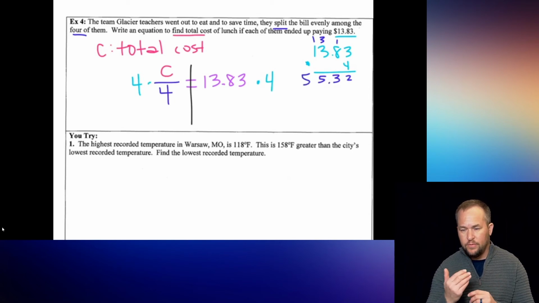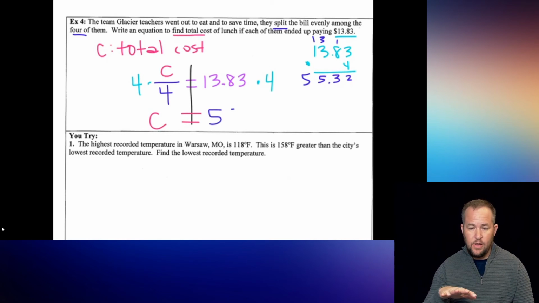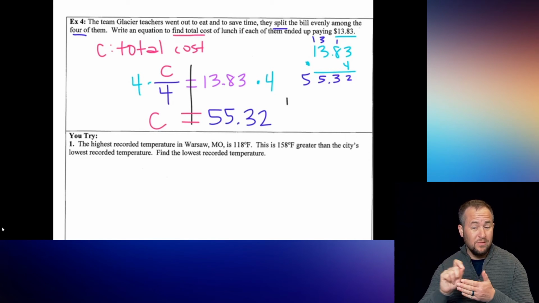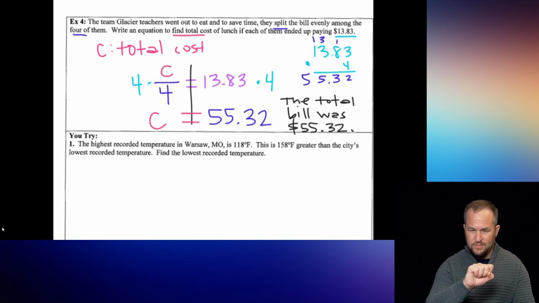Therefore, our total here is going to be C equals 55.32. So then when I quickly write a sentence, we would say the total bill was $55.32.